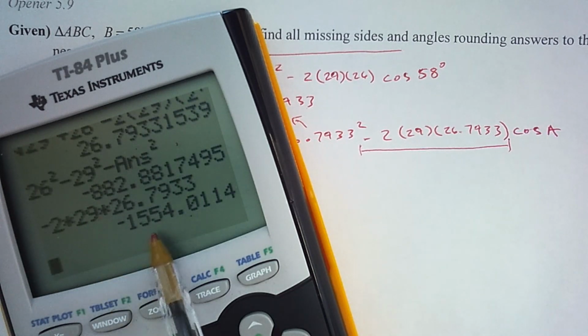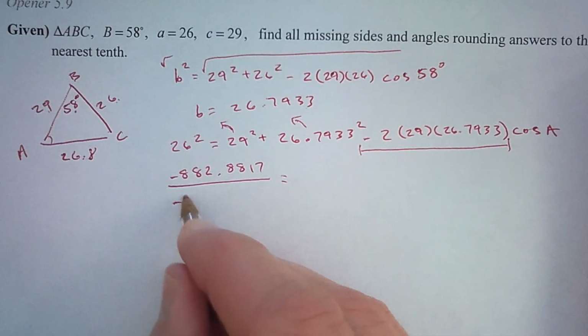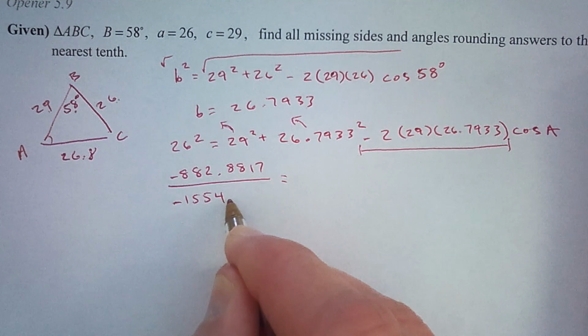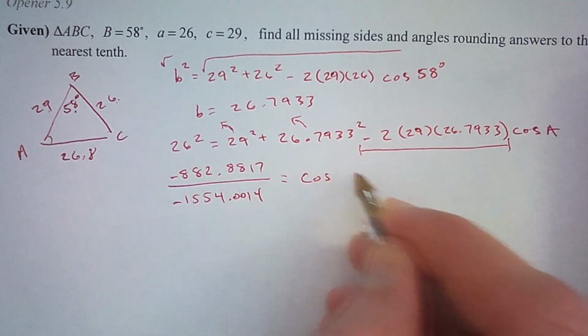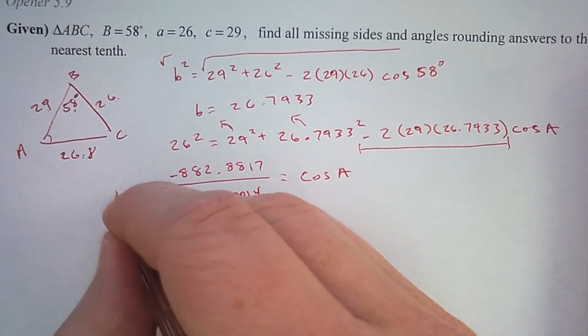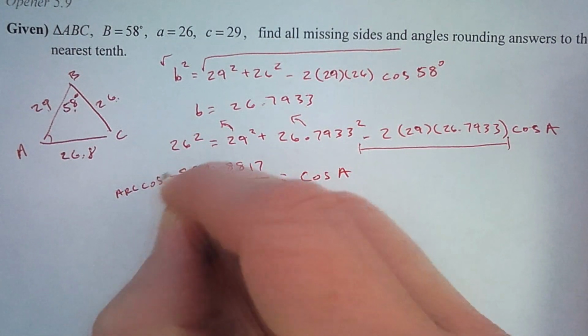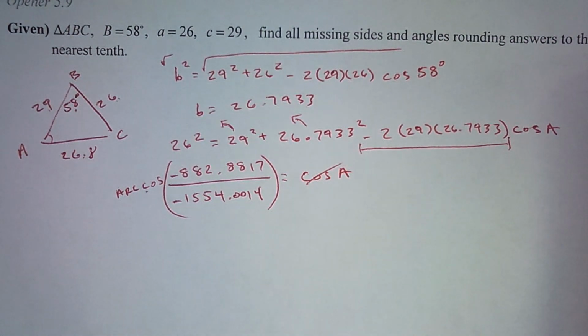So I'm dividing by negative 1554.0114, and that equals cosine A. Okay, now if I do arc cosine on the left side, that cancels out cosine on the right side.